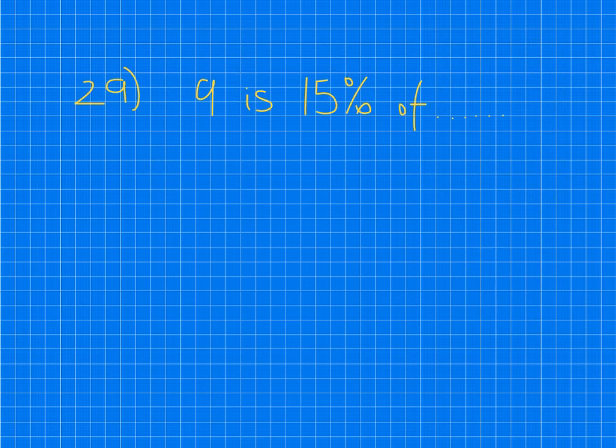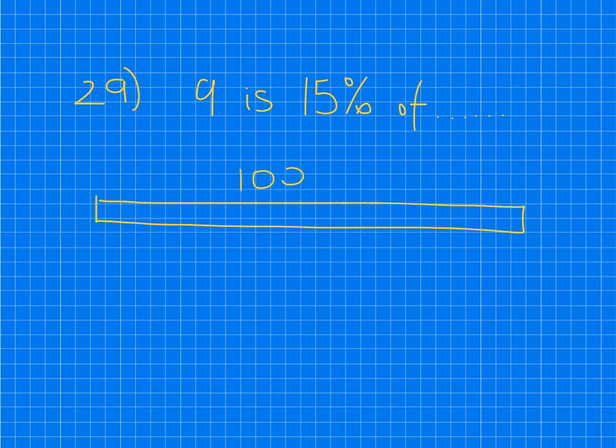Question 29 tells you that 9 is 15% of something. Now, I always think when I'm thinking with percentages, I know 100% is the whole, so here is my whole bar. I'm told that 15% is 9. Well, let's build it up. If this piece is worth 9, 30% will be worth 18.